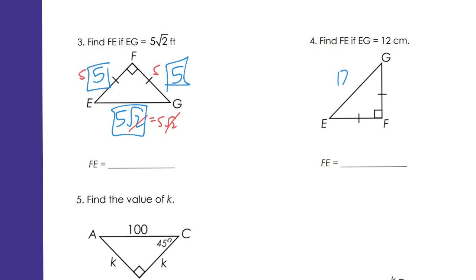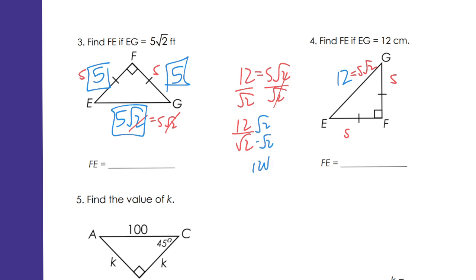EG is 12, so let's find the missing sides. If this is s, and this is s, and this equals s root 2, you've got to solve that equation to figure out what s is so you can find the missing sides. So 12 equals s root 2. Divide both sides by the square root of 2. So 12 over the square root of 2, rationalize it by timesing top and bottom by the square root of 2.